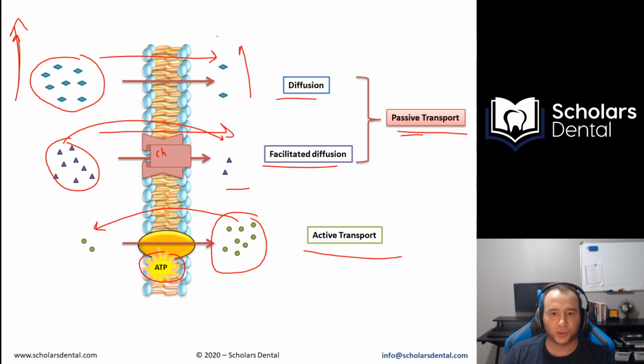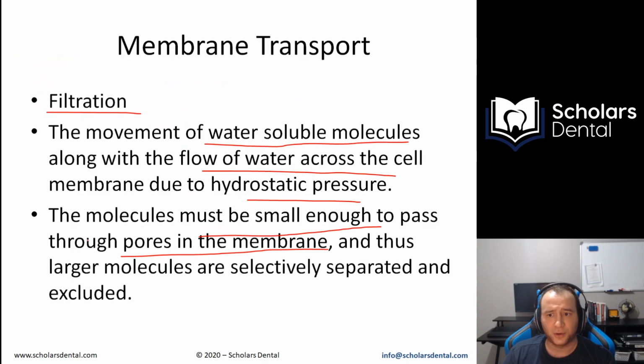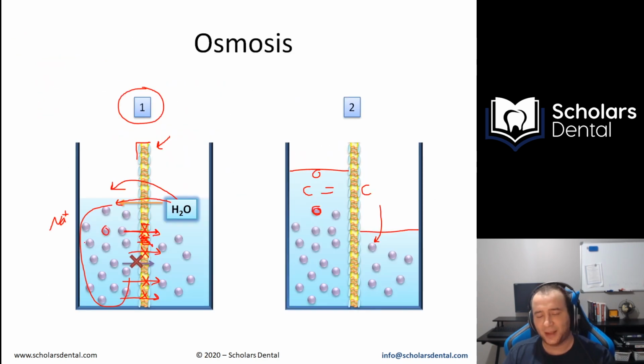Back here, we're talking about movement of molecules from one side of the membrane to the other. Now we're talking about what happens if the molecules at that moment cannot move to the other side. Well, the water moves to the opposite side to control the concentration.